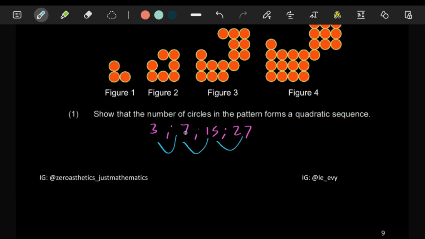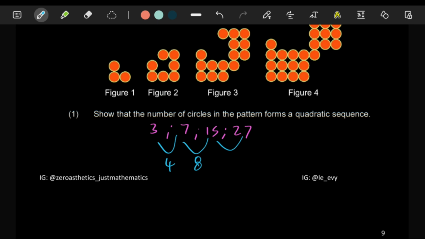Anyways, first difference here: 7 minus 3 is 4. 15 minus 7 is 8. And then 27 minus 15 is 12.